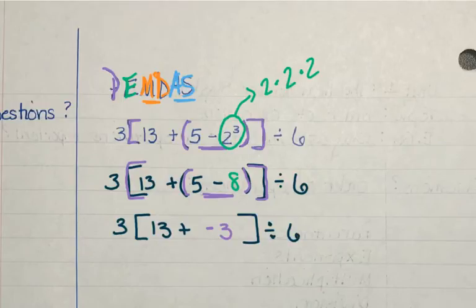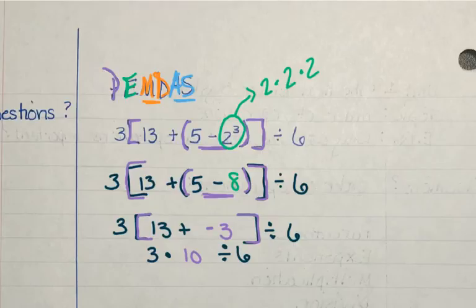Okay, so now I can work on clearing these. So 13 plus negative 3 is 10. I'm going to bring everything else down again. So you'll see I'm only completing one step at a time. Okay, now I'm moving on to multiplication and division.